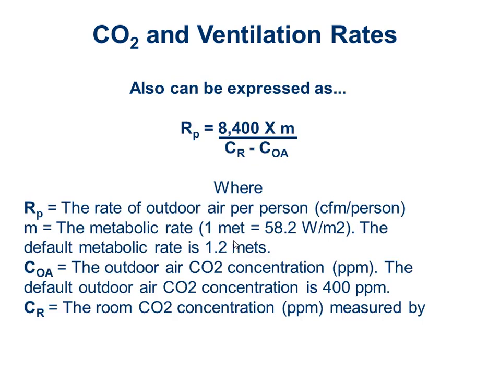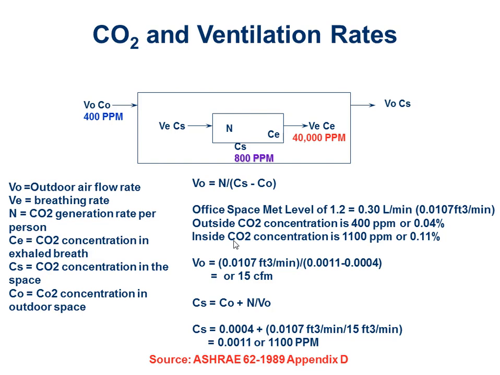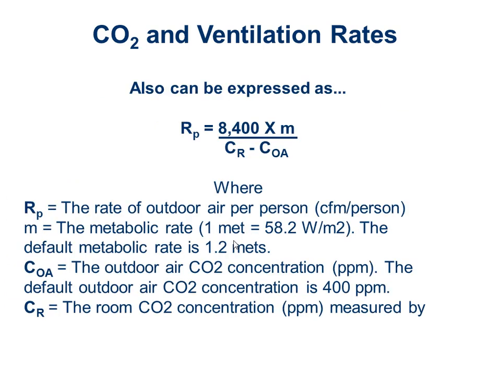interest of time. Basically, the outdoor air rate per person that we need is a function of a constant, 8,400, and that constant's coming out of all this gibberish over here. 8,400 times the metabolic rate. So on my little calculator, if I'm in an office building with a MET rate of 1.2, which is common for an office building, times 8,400, that gives me 10,000 and change.